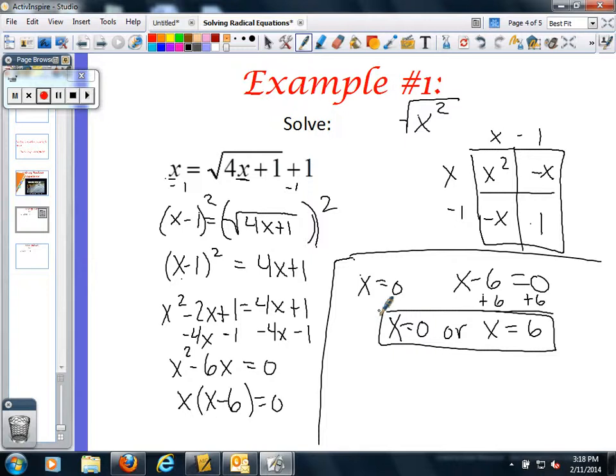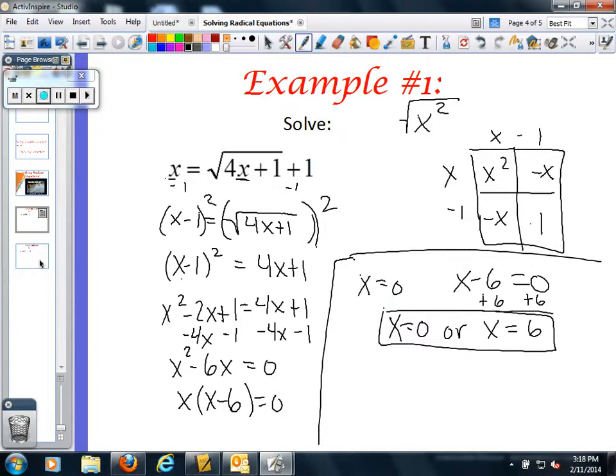Okay? And that's how you do it. So we're using this, like I said, it's kind of the opposite of what we did when we had a square and we had to get rid of that. We just took the square root.